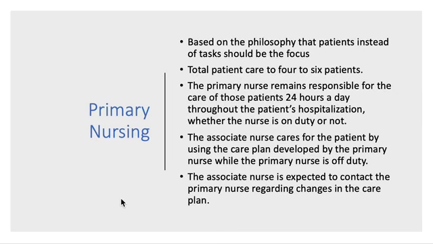So all that the associate nurse will do is to follow the nursing care plan that the primary nurse did. The associate nurse is expected to contact the primary nurse regarding changes in the care plan. Further discussion, we will do that in the online forum.